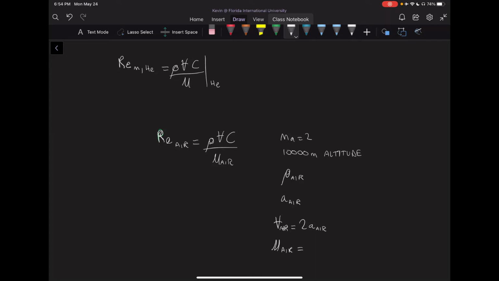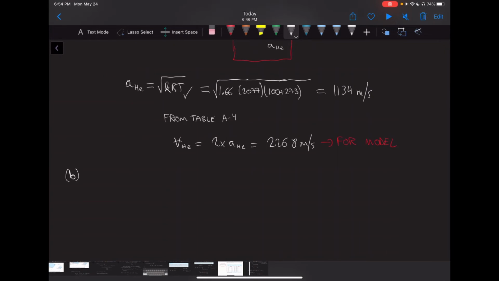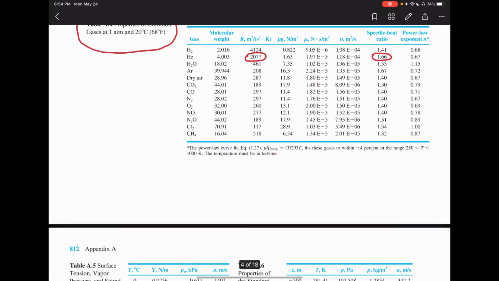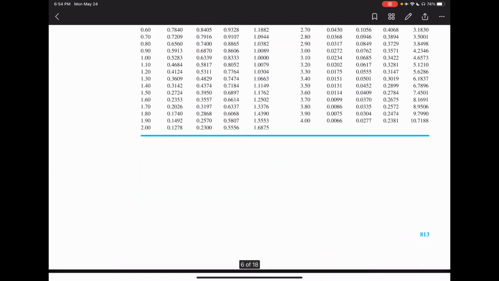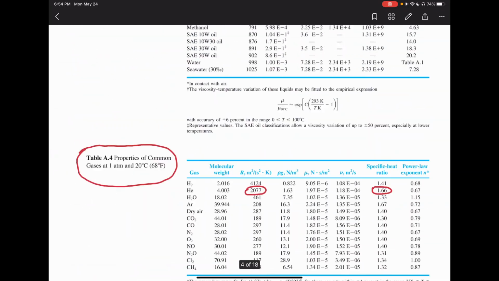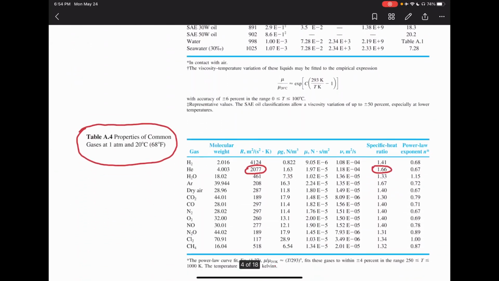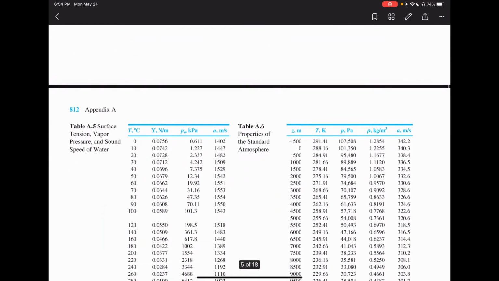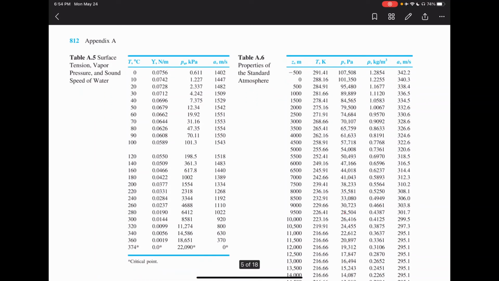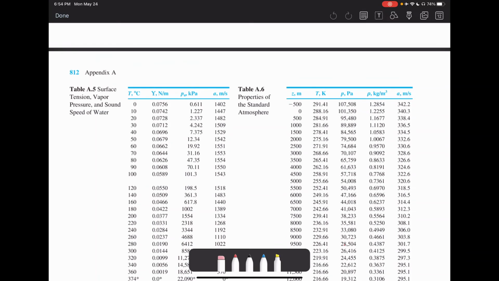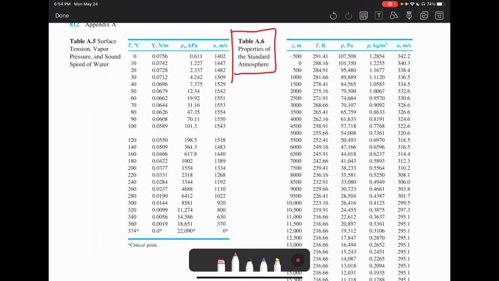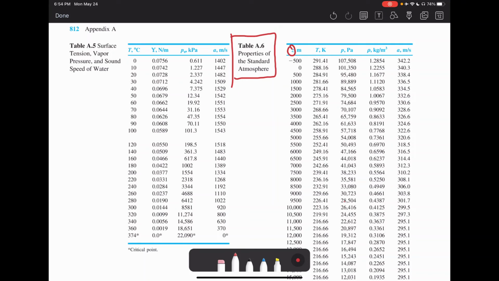So moving forward from there, let's go to our tables and our appendix to see where we can find this information. So if we go to table A6 in our system, we can see that we have properties of standard atmosphere at different heights, and Z is the height of that atmosphere.